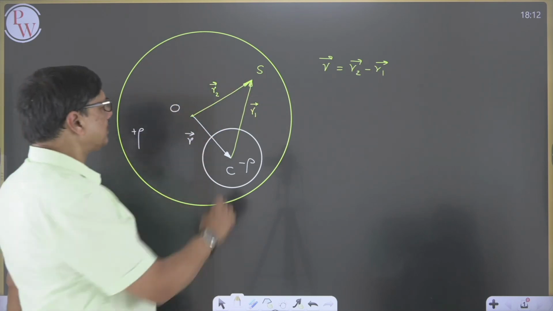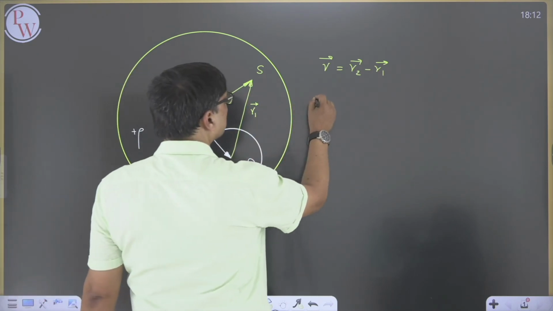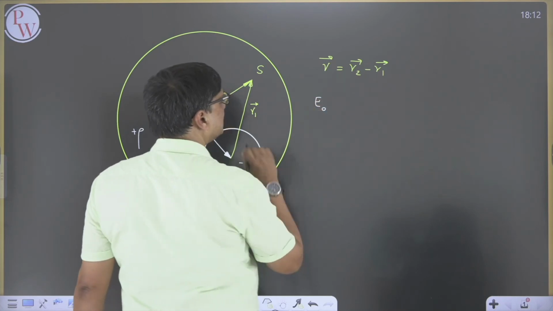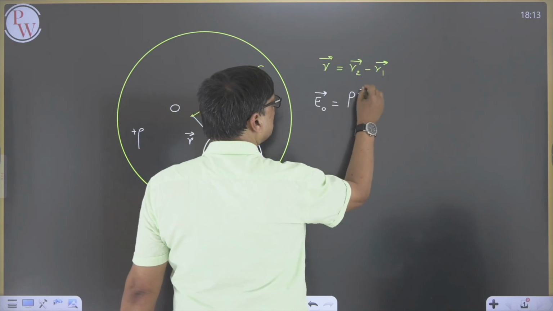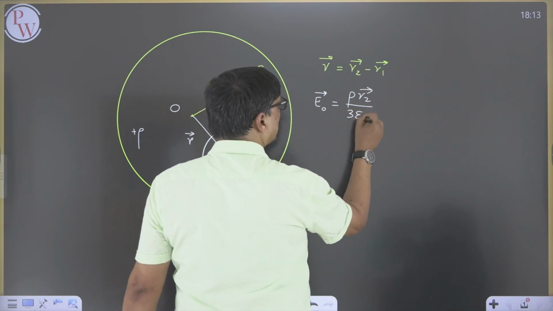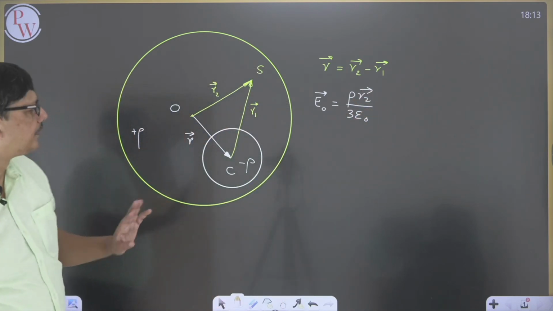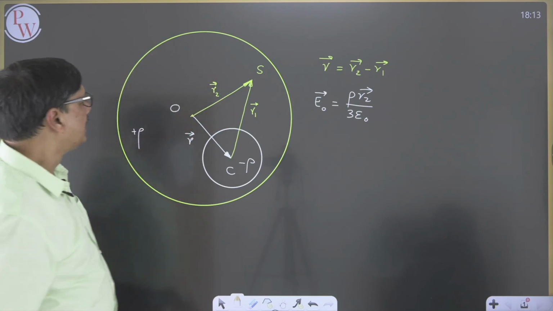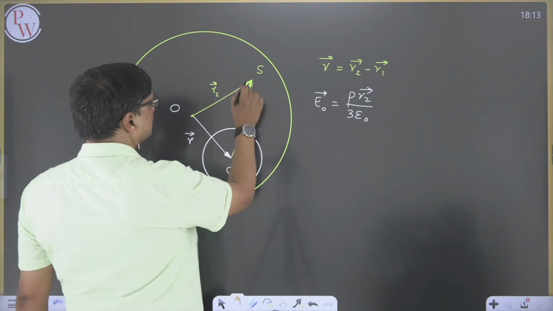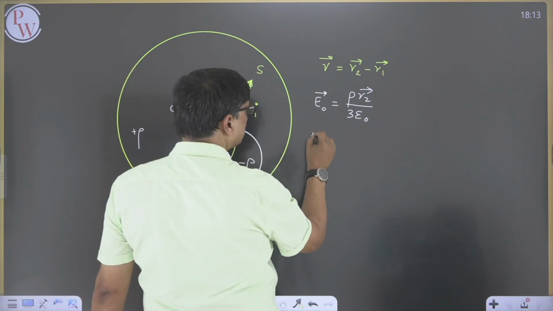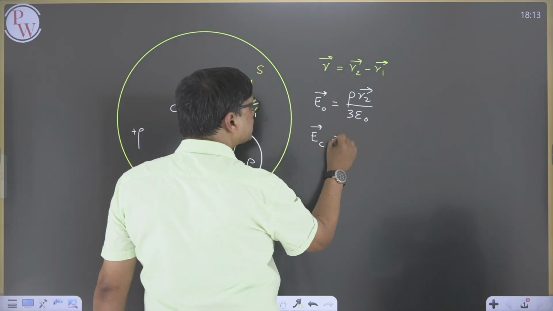So what will happen? The field due to this positive charge density, E0, will be again rho R2 divided by 3 epsilon naught, as it should be, because it is within the body. Now what will be due to this cavity? You see that due to cavity it is outside.